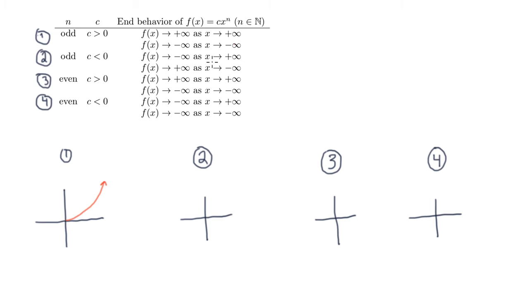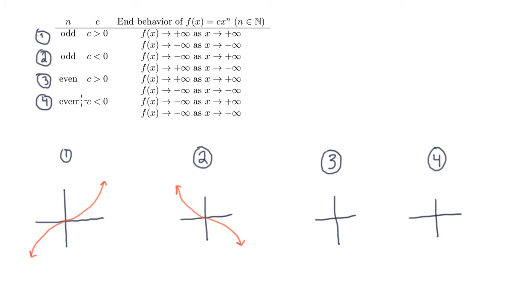And then as x goes to minus infinity, the function is actually dropping off to negative infinity, like that. That's if c is positive. If c is negative, the graph is actually reflected over the x-axis, like this. So the end behavior is opposite. As x goes to minus infinity, f goes to positive infinity. And as x goes to positive infinity, f goes to minus infinity.